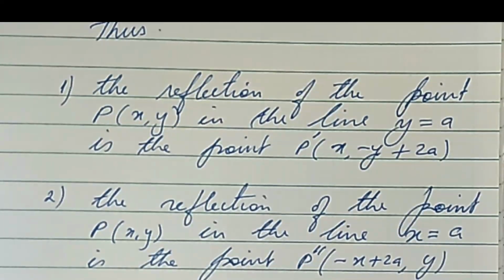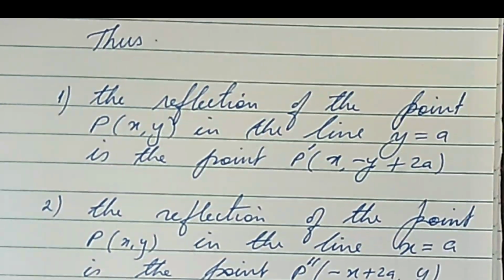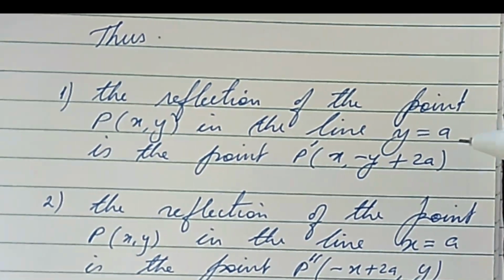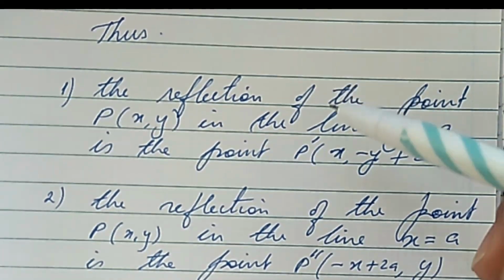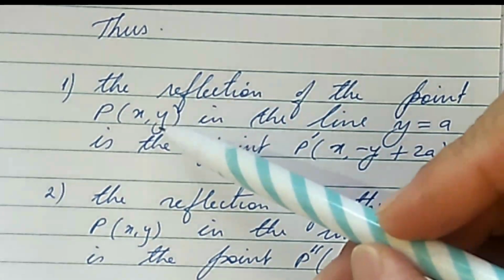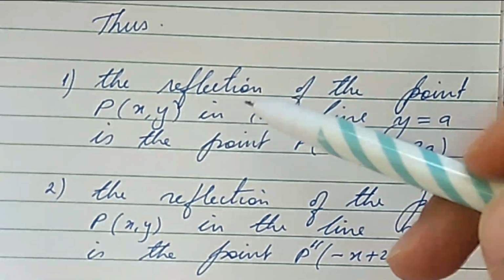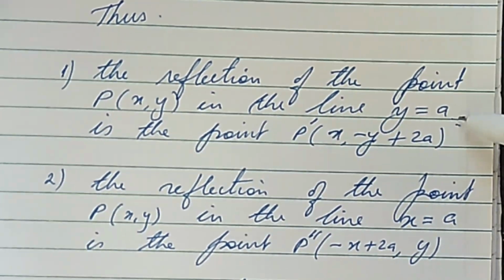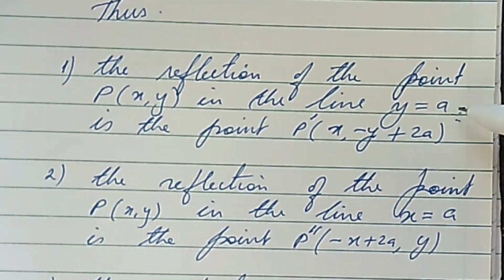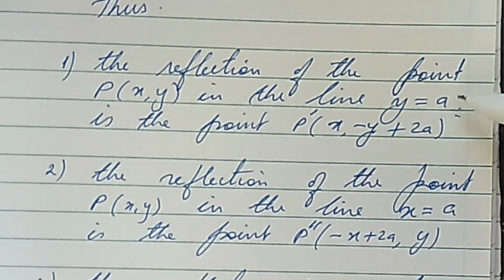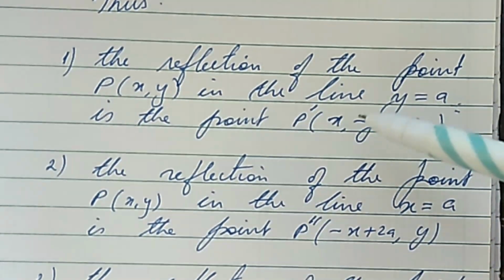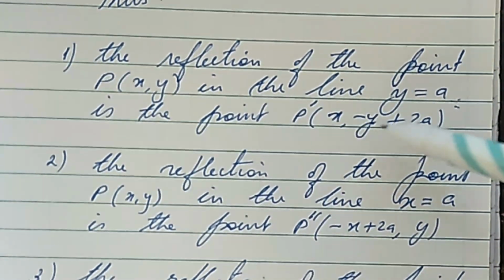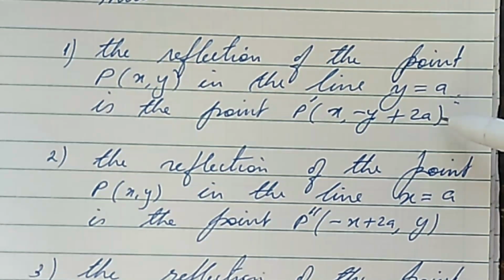Therefore, let's summarize what we learned in this video today. The first thing that we learned is that the reflection of the point P (x, y) in the line y equals a, which means a line parallel to x-axis at a distance a, is the point P dash (x, minus y plus 2a).